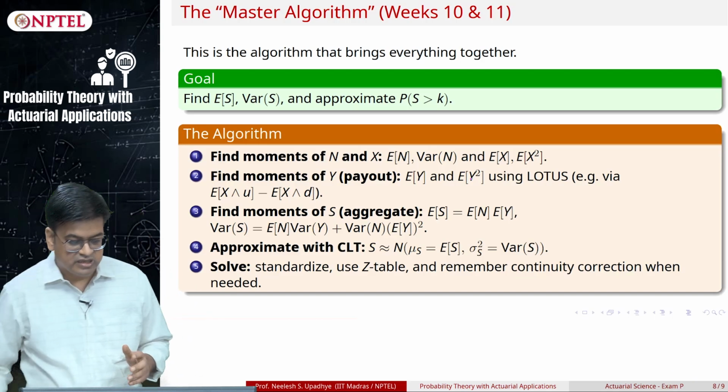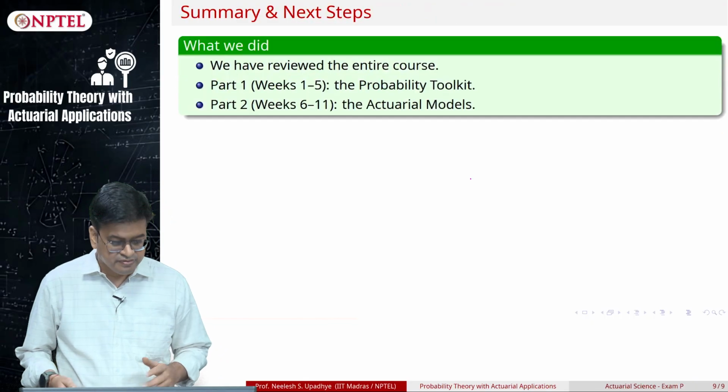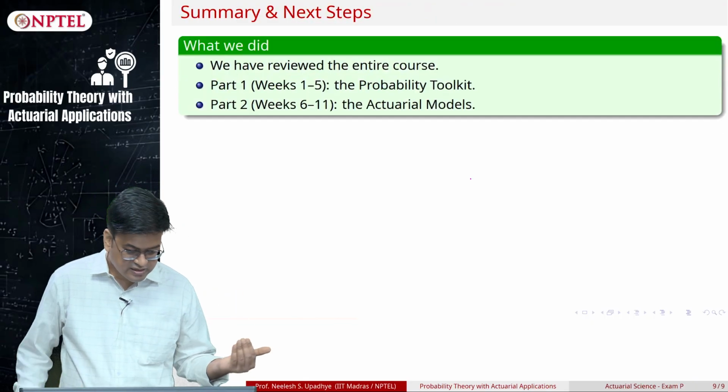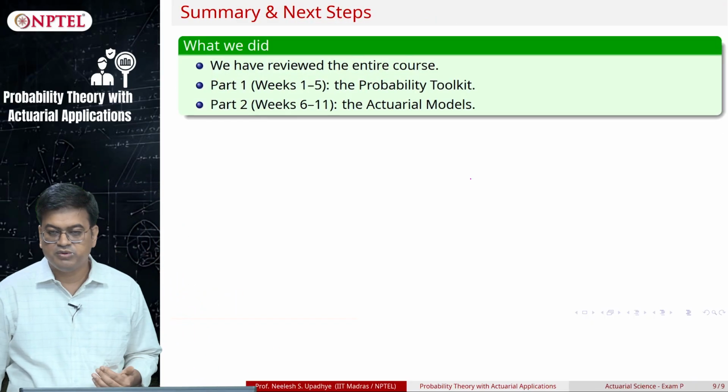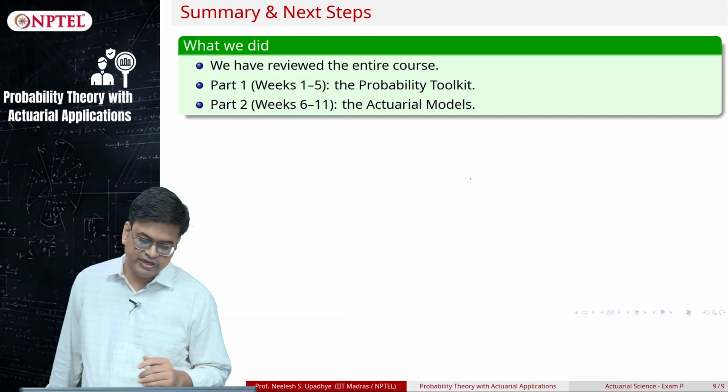So, let me summarize what we have done. In the last lecture we reviewed this probability toolkit which was weeks 1 to 5.